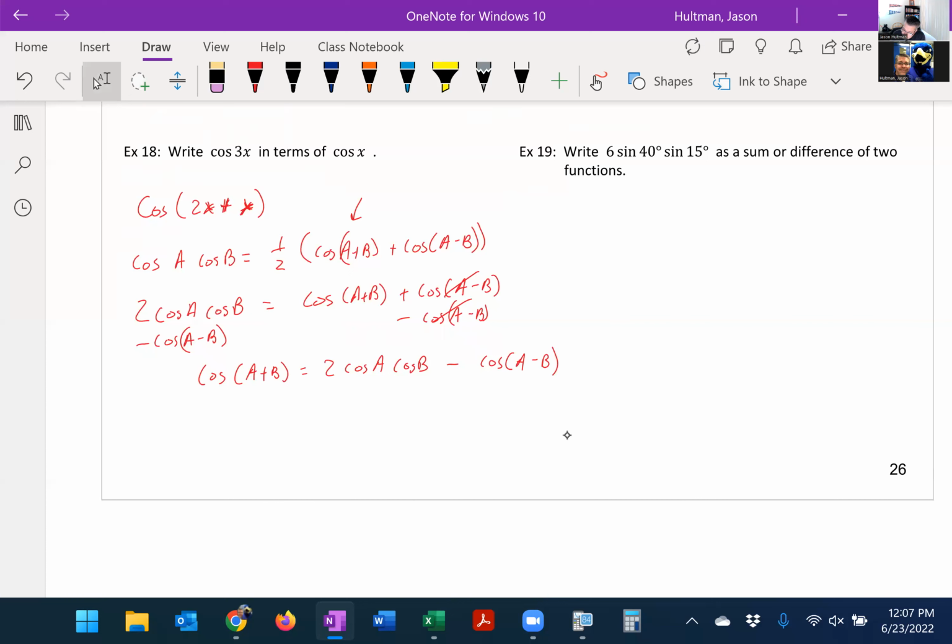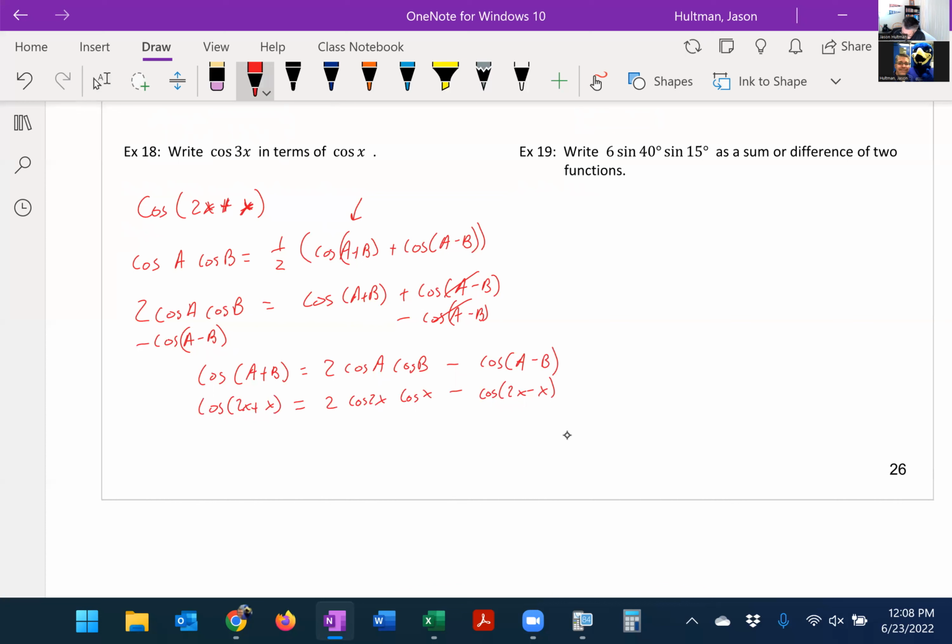So this is going to be cosine of 2x plus x is equal to 2 times cosine of 2x times the cosine of x minus the cosine of 2x minus x.